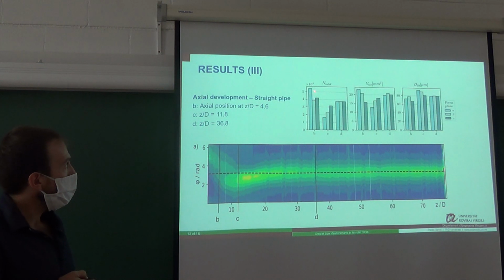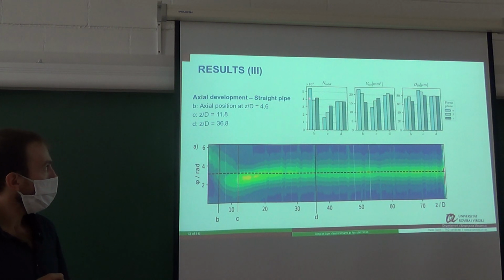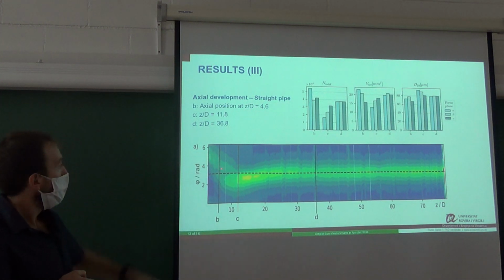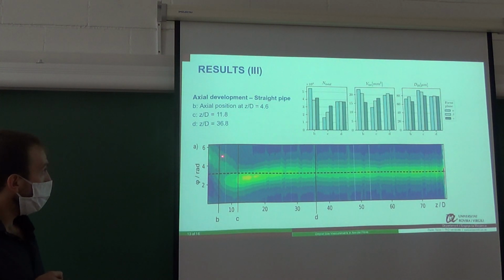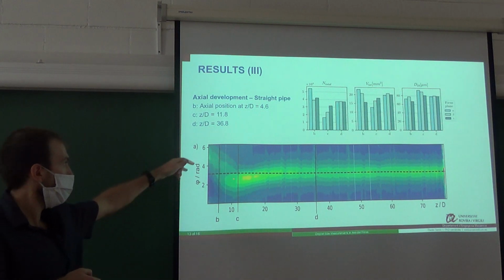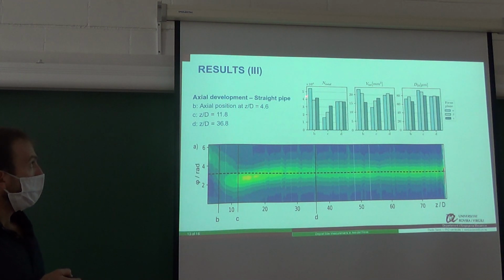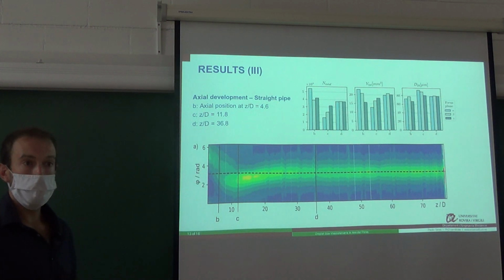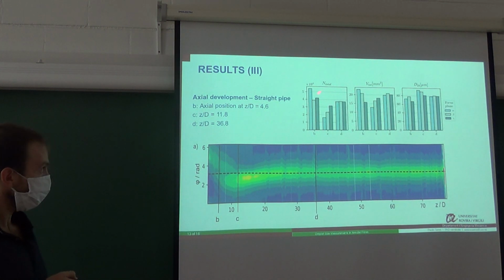So there's an imbalance in the population of the drops towards alpha. Alpha is towards up here. So we see here that there's a much thicker film in this direction than in this direction of the pipe. So this seems to be in concordance with the tomography that they give me.